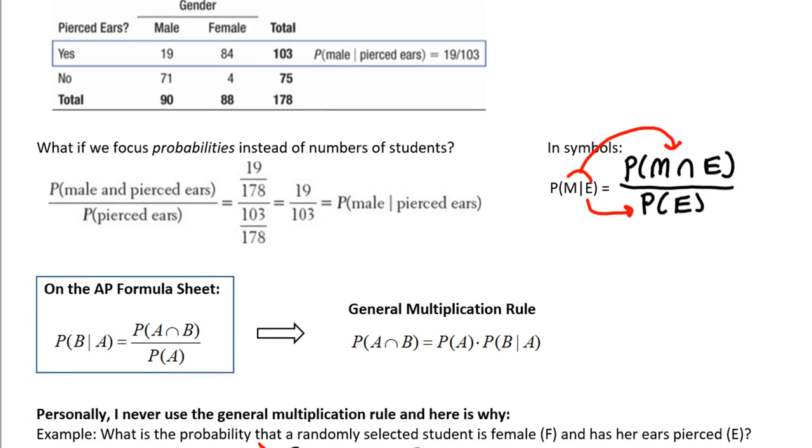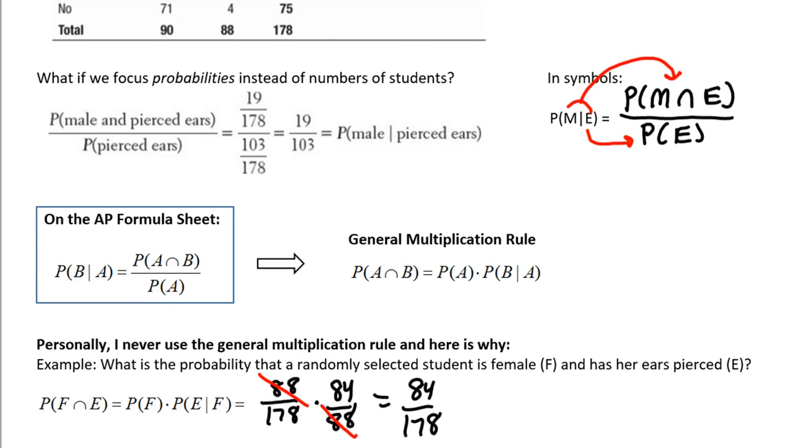This is shown on the AP formula sheet using the letters A and B instead of M and E. So the probability of B given A is the probability of A and B over the probability of A. So the given becomes the denominator. The probability of the given is the denominator, and the numerator is the probability that A happens and B happens together.